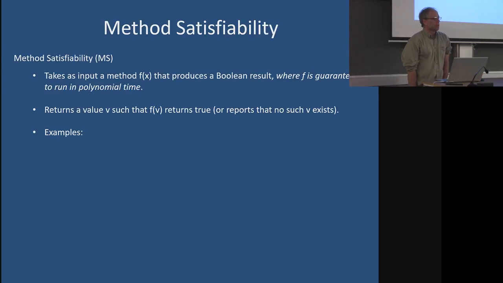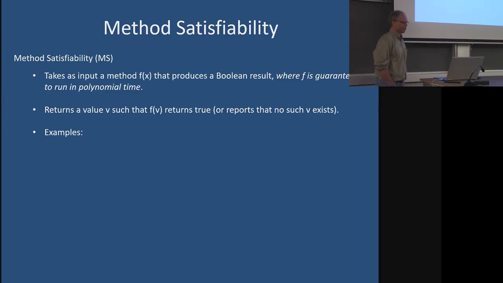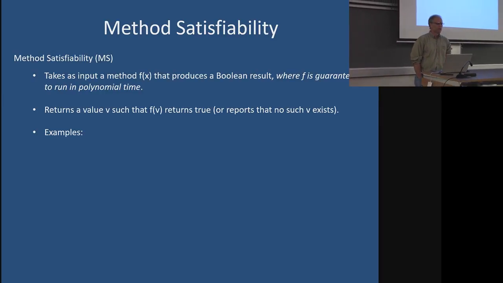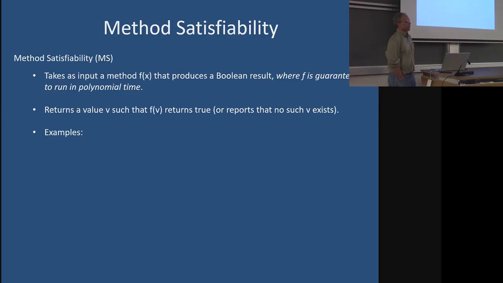So we're going to prove that the method satisfiability problem, which I abbreviate MS, is NP-complete. And we're not going to do it by reducing from a known NP-complete problem. So let me explain the method satisfiability problem. It takes as input a method. You can think of it as a method in Java or C# or Python or whatever.